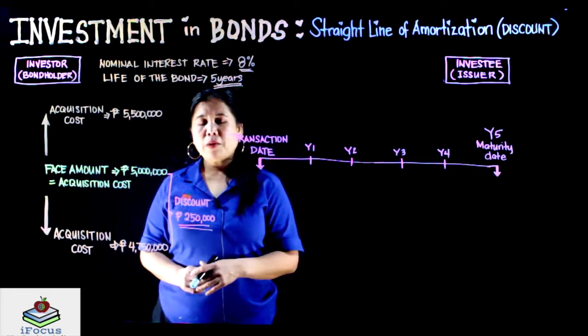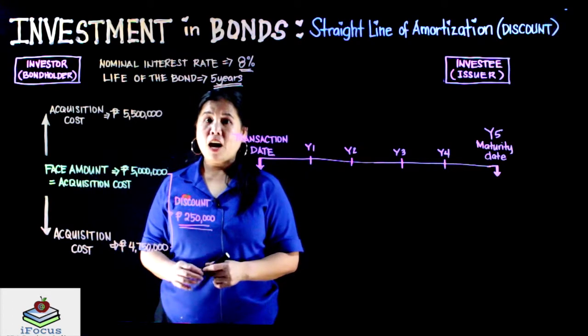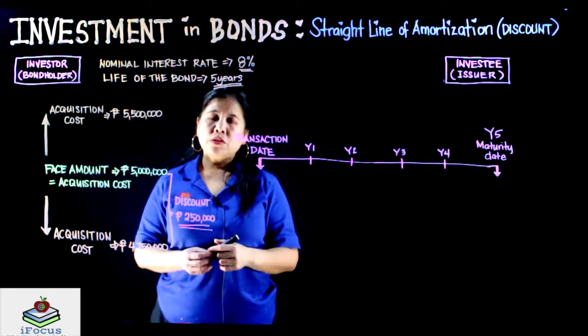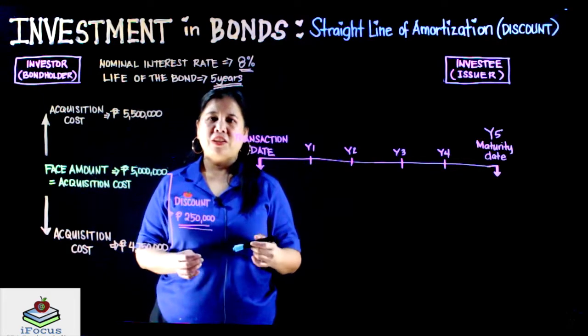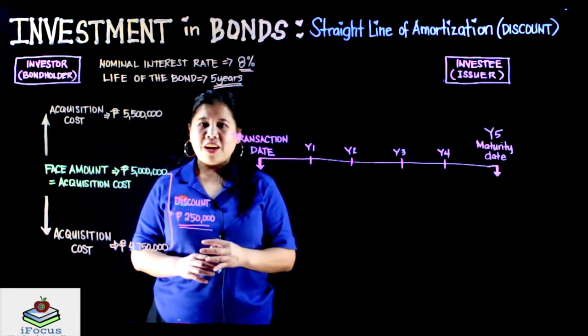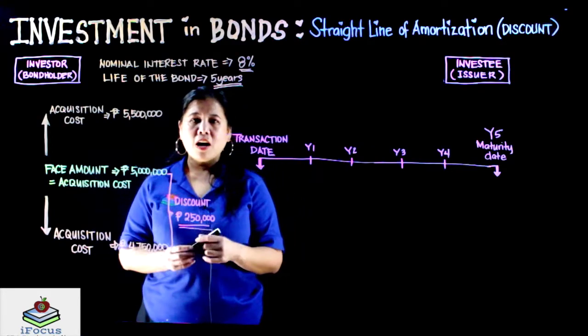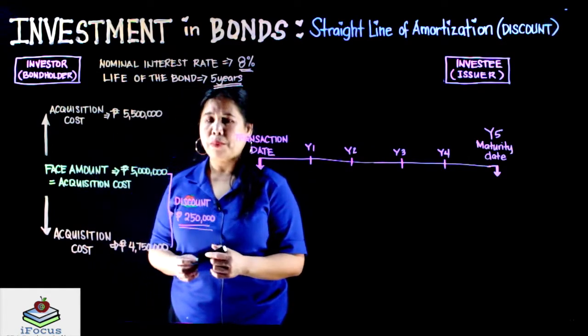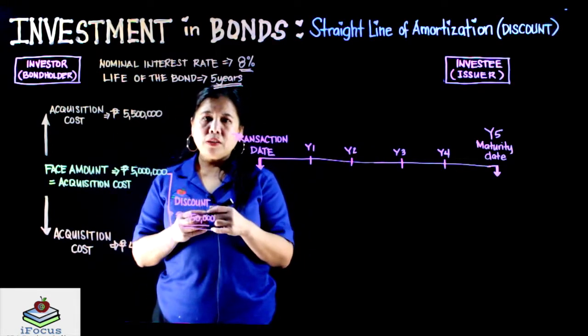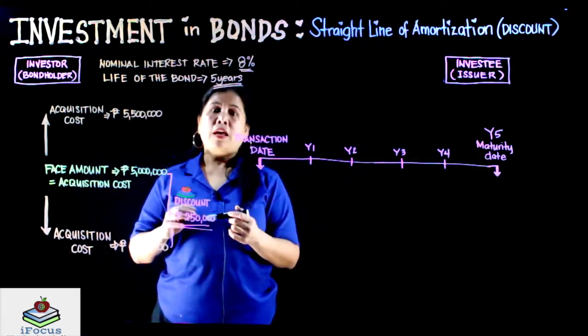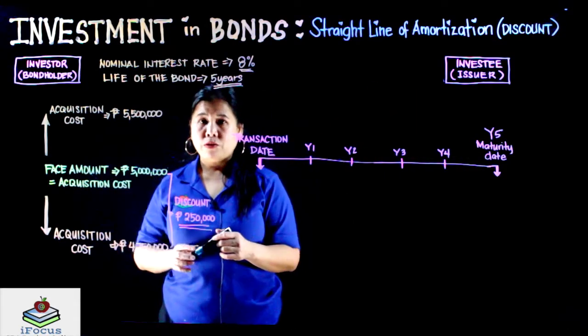Alright, this time we will talk about the discount using the straight line method of amortization. This time we have a discount. The investor has a discount when he acquires these bonds of the investee for less than the face amount of the bonds.